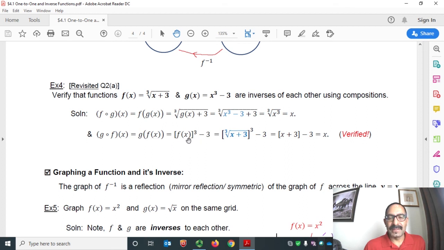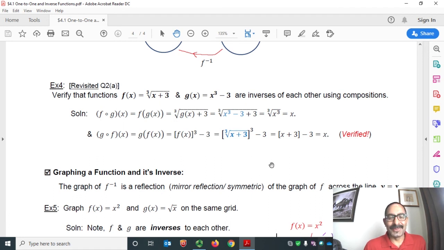So what is f of x? In the next step, f of x is cube root of x plus 3, this 3 as it is, minus 3. There are a bunch of 3's here. I hope it makes sense to you all. So next, now this cube and this cube root cancel. So I have x plus 3 and then minus 3 as it is. Now 3 cancels, simply x. So now both these compositions give us x and x. So now we verified these two functions are inverses of each other.